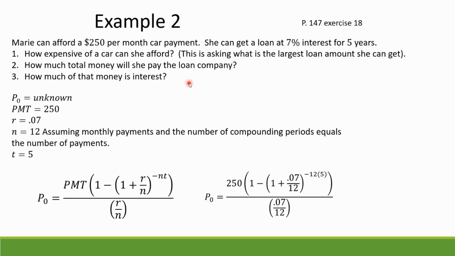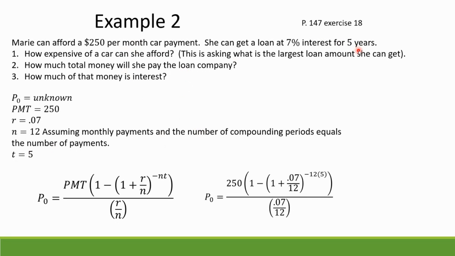You know, that's how many months there are. Remember, we're assuming implicitly that the number of compounding periods equals how often we make a payment, which is per month. So in a year, 12 times.